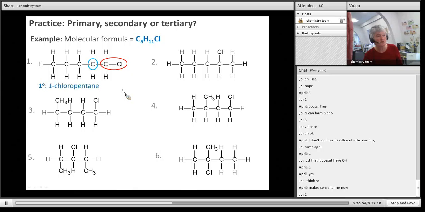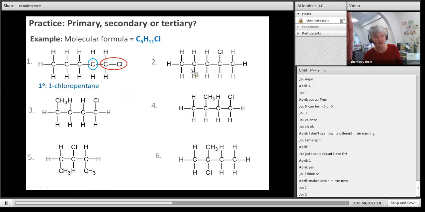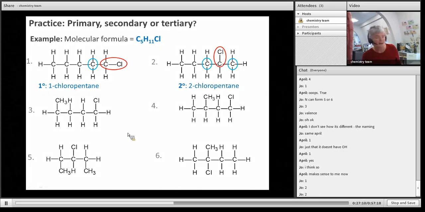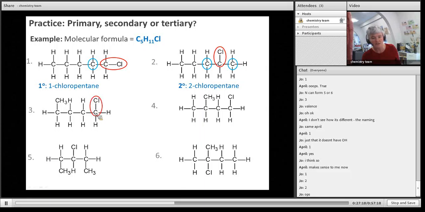Number 2, is this a primary or a secondary? It's a secondary, well done, so that's the carbon we're looking at. This carbon's attached to 2 others, so it's secondary. What about number 3, primary, secondary, or tertiary? Okay, you're going for 2? Okay, this is what we want. This carbon is attached to how many other carbon atoms? Yep.